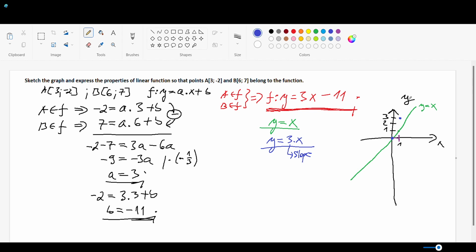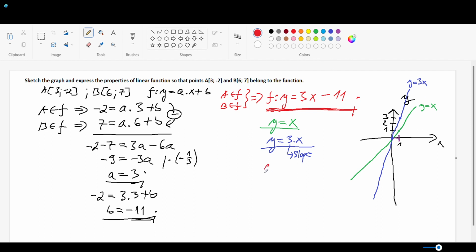Because the second point is the origin again, let me sketch now our graph, or a line which represents the function y equals 3x. So this is our function y equals 3 times x.